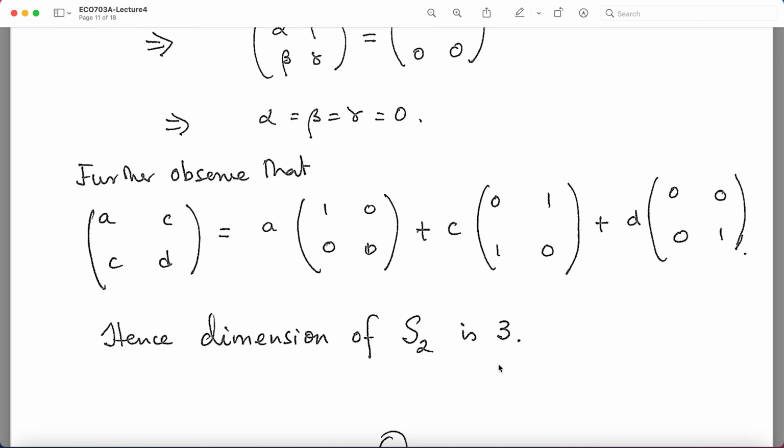If you take n cross n matrices starting from n equal to 2, you put 2 square plus 2, so it is 4 plus 2, 6 by 2 is 3. So, S n in general can have odd dimensions.